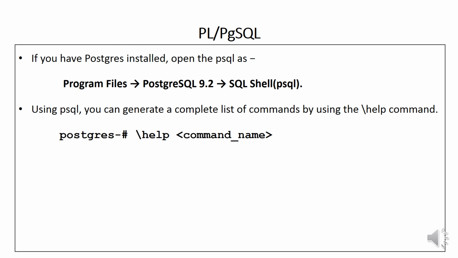After opening it, if you want the list of commands, you type on that particular Postgres prompt /help, and you get the list of commands or the information about a specific command. That's it.